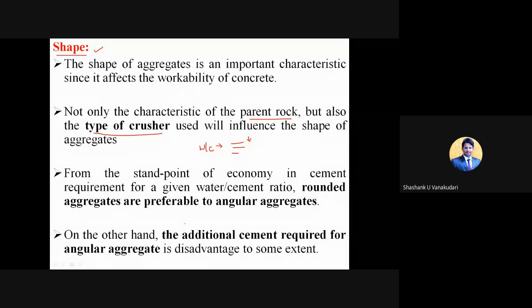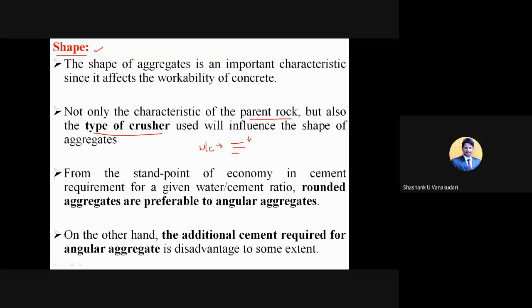On the other hand, you can see the addition of cement that is required for angular aggregate, which is a disadvantage to some extent. So the angular aggregates basically require more workability, so they require more water as well as more cement. In some cases, when you have used only angular aggregates, you might use cement as well as water in the proper proportions, but you won't get the proper strength between those angular aggregates.